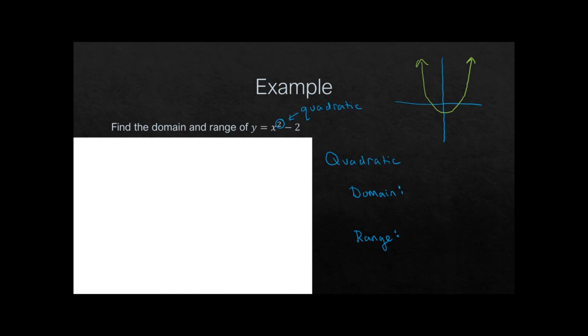And then if you're looking at left or right, the left and right parts both have arrows, so they're going to go on forever. So the domain is negative infinity to positive infinity. But the range is always, you have to figure out what the low or the high point is, because your range will go from something to positive infinity if it opens up, or if it opens down, this will be reversed. It'll go from negative infinity to stopping point. So we need to figure out what this lowest value is.